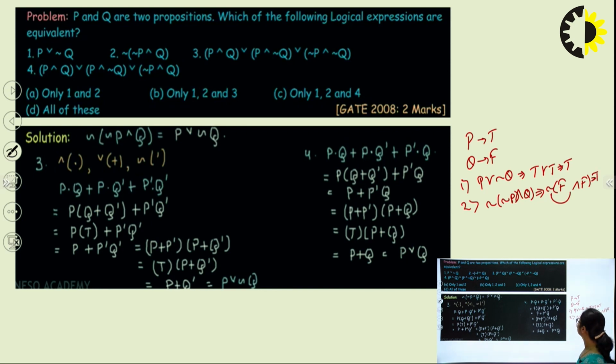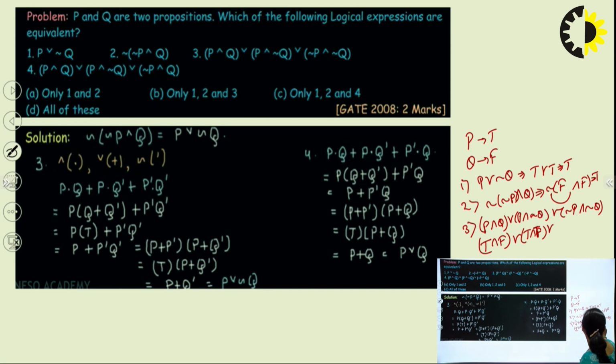And the third condition is P disjunction Q conjunction P disjunction negation of Q, and negation of P disjunction negation of Q. So here P is equal to true and this is false, and this is true and this is true.